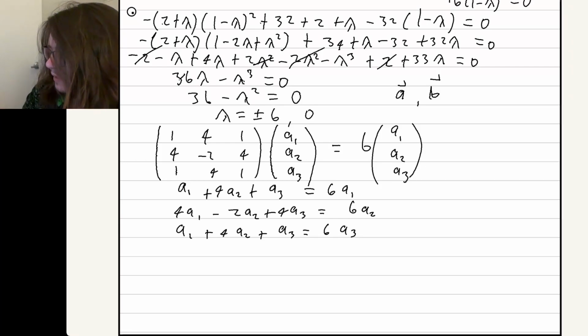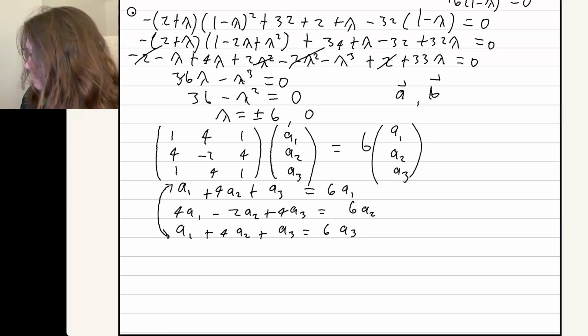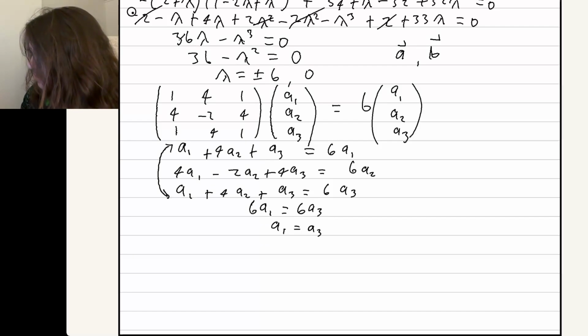Now check it out, the first and the third equations are the same on the left-hand side, so we can say 6A1 equals 6A3, or actually A1 is just equal to A3, so that's pretty cool.